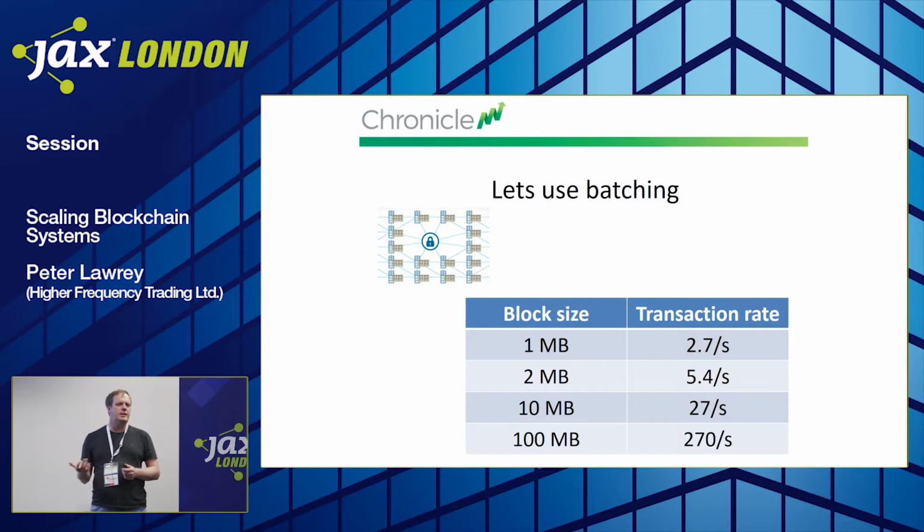And in November, I believe they will be switching from 1 to 2 megabytes, and that will double the potential throughput of Bitcoin. But as I mentioned, you're going to have to increase the block size an awful lot to really start competing with some of the other solutions.